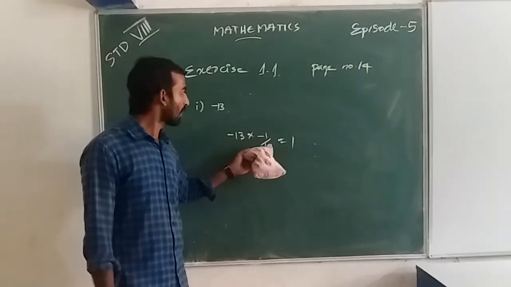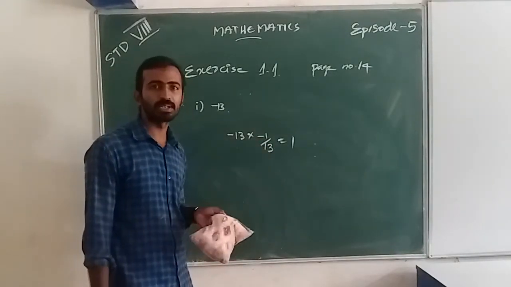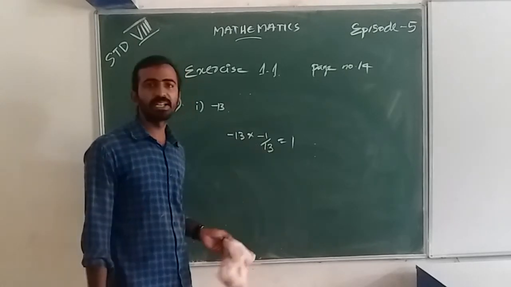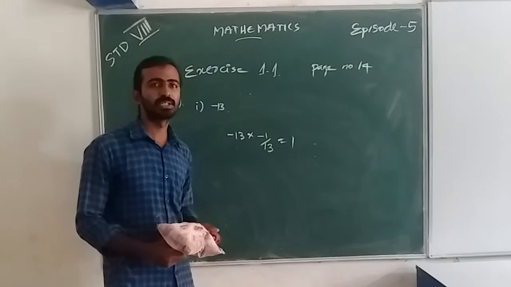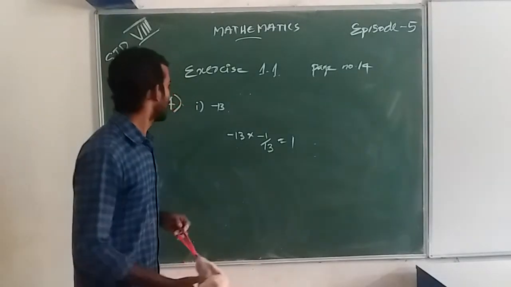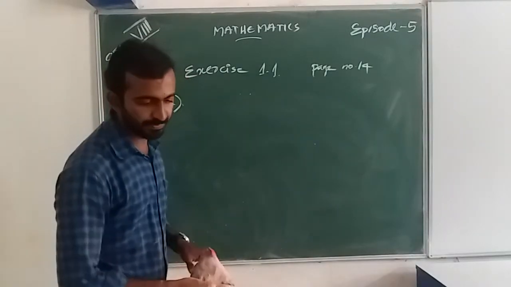Minus 1 by 13 is the multiplicative inverse of minus 13. When we multiply these, we get the answer 1. Is it correct? Okay.